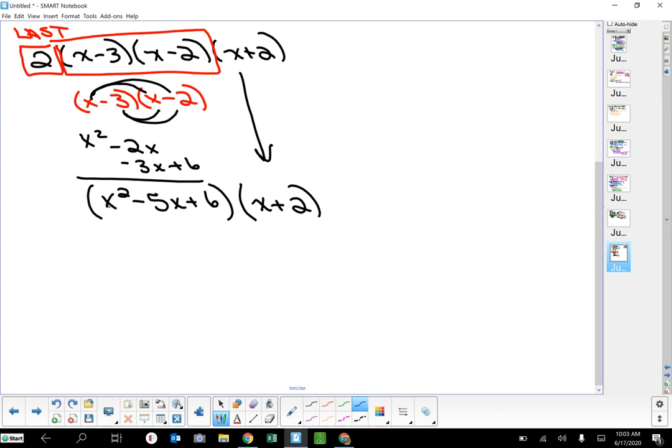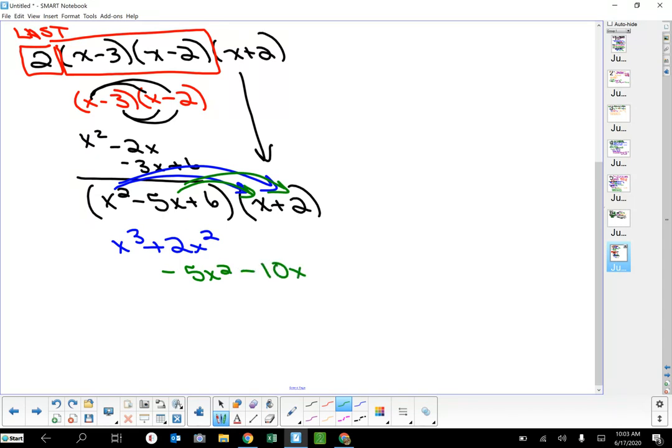So now I'm going to take my x squared and multiply by x and 2. So that's x cubed plus 2x squared. Then I'm going to take the negative 5x times both of those. So that's going to give me a negative 5x squared minus 10x. And then I'm going to take the 6 and multiply by the x and the 2.